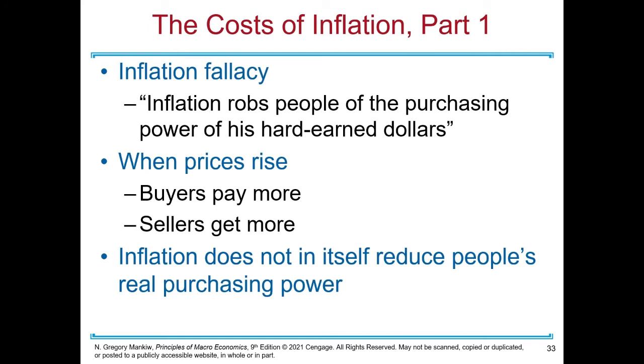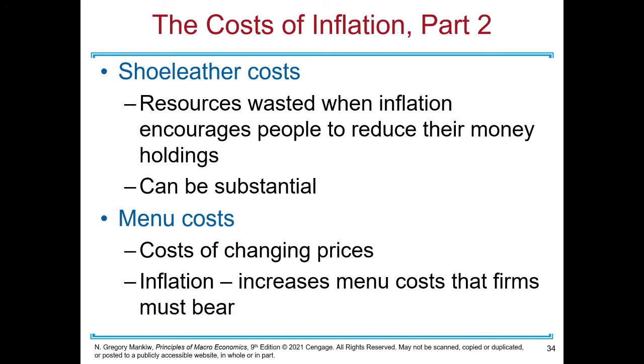However, most of the time, people can and do fight for cost of living adjustments. And in a lot of contracts, even union contracts, they will have automatic inflation adjustment rates. So next we're going to be going over shoe-leather costs.